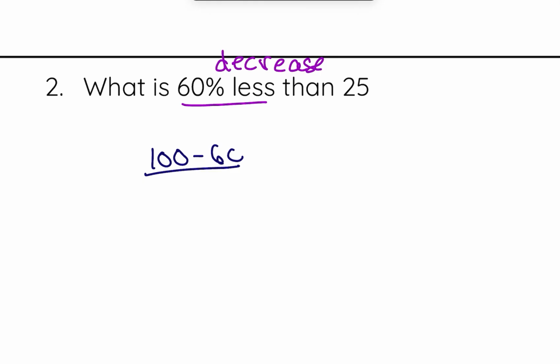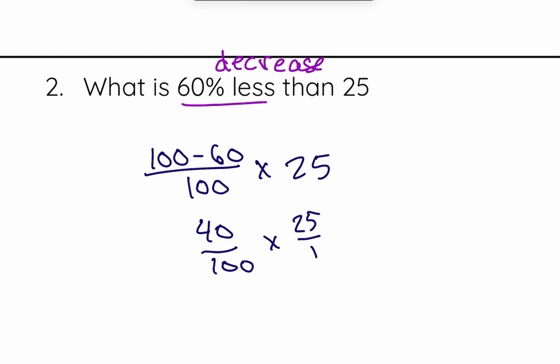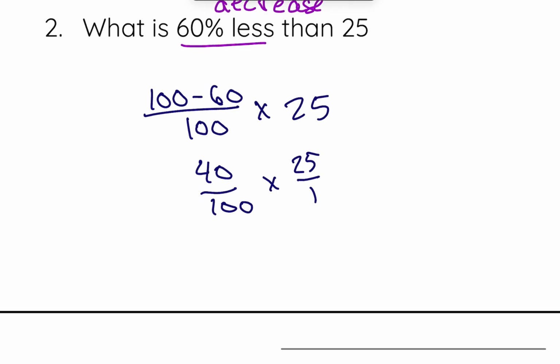So 100 minus 60 over 100, and again, we're just multiplying that by the original amount. 100 minus 60 is 40, so we have 40 over 100 times 25 over 1. 40 over 100 is going to simplify to 2/5. The reason for that is because 40 and 100 are both divisible by 20.